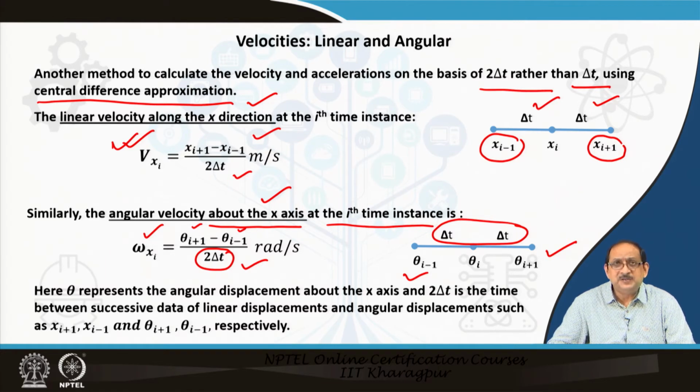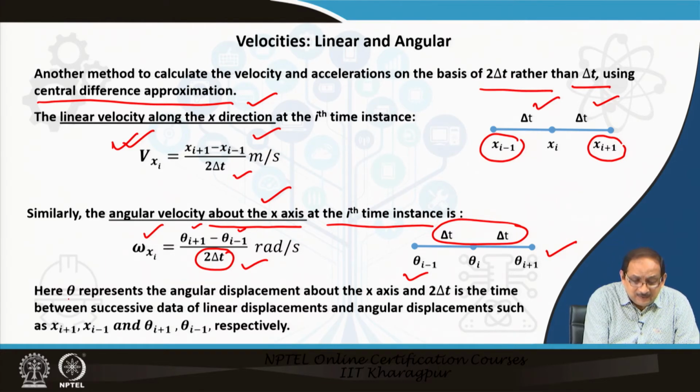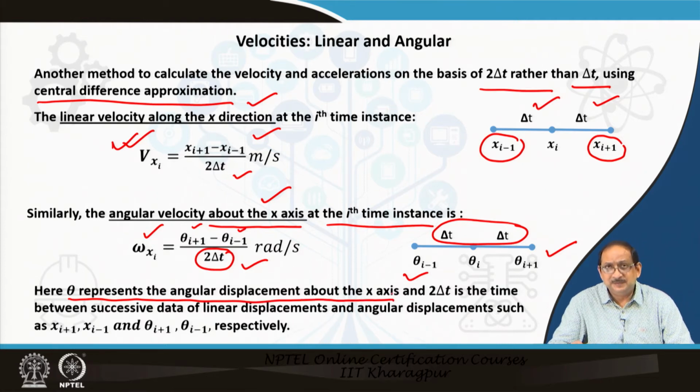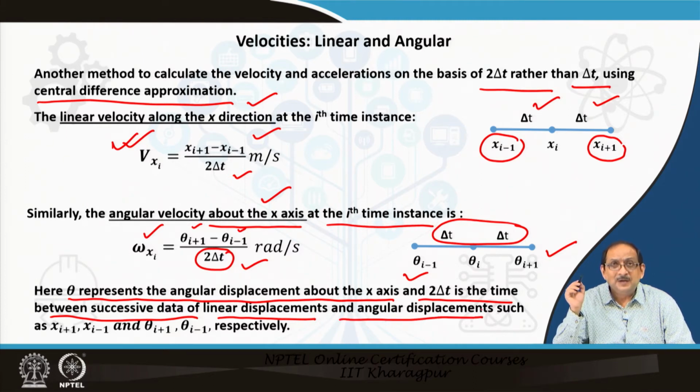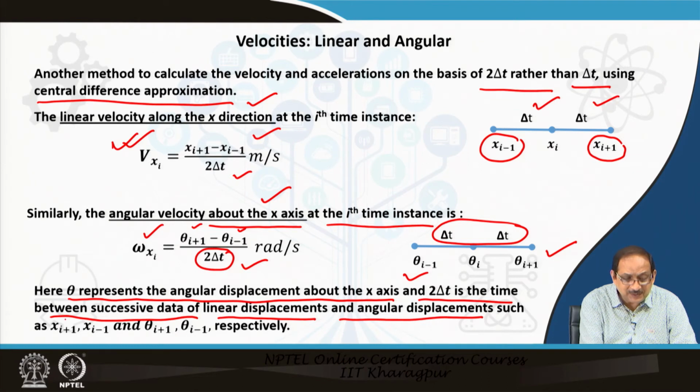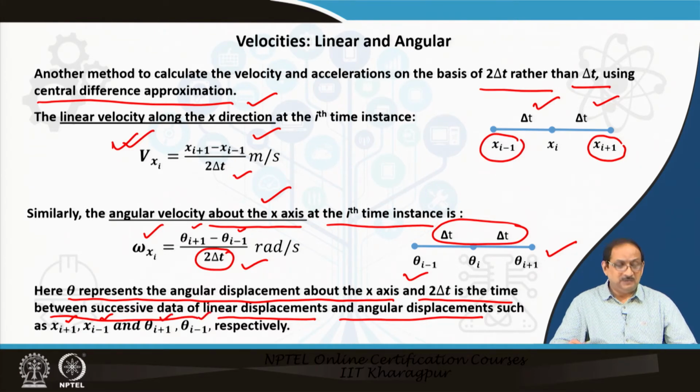Here theta represents the angular displacement about the x axis, and 2t is the time difference between successive data of linear displacements and angular displacement, such as x i plus 1, x i minus 1 and theta i plus 1 and theta i minus 1 respectively.